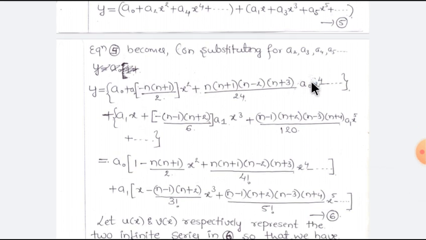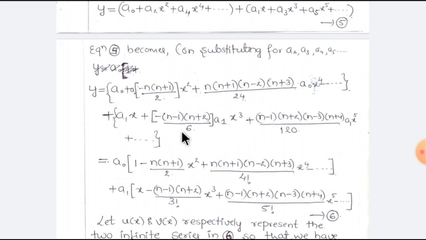In the first part a naught is common among all, so take it out. We get 1 minus n into n plus 1 divided by 2 into x square plus n into n plus 1 into n minus 2 into n plus 3 divided by 4 factorial, because 24 is nothing but 4 factorial, into x to the power 4.